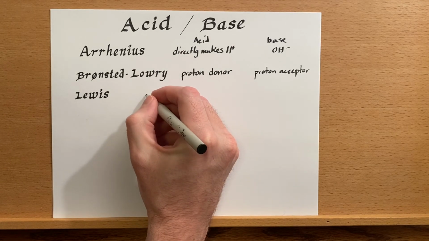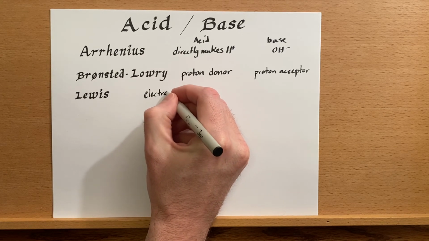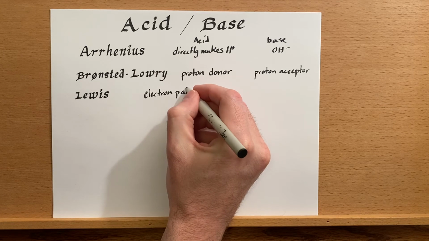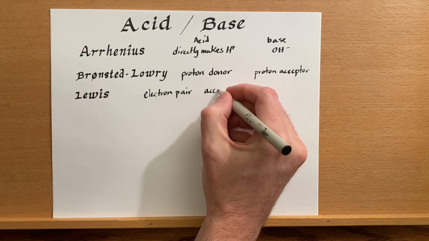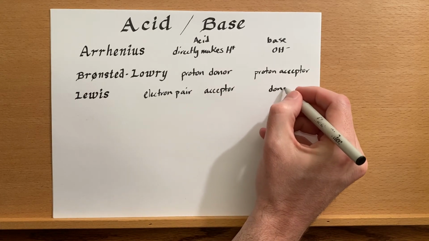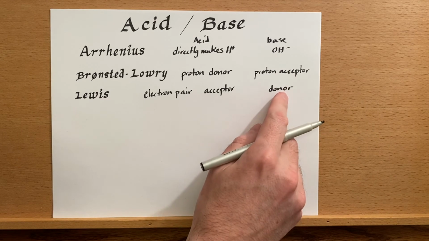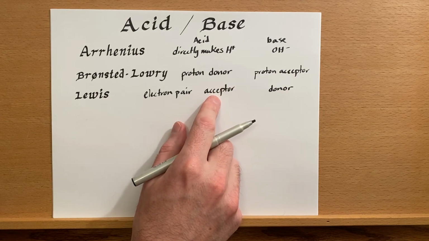So I'm going to just write that here. Base is an electron pair donor. An acid is an electron pair acceptor.